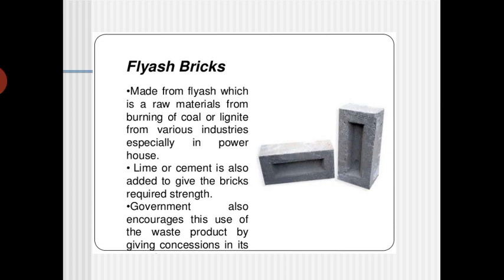Of course, silicon dioxide, I already said that SiO2, will play an important role in deciding the property of the bricks. The lime and cement act like a binding material for the fly ash, and the fly ash has more influence as the deciding factor for the manufacturing of the cement also.